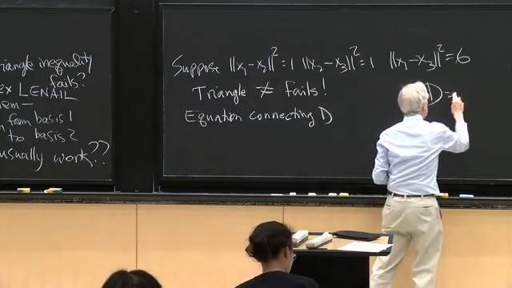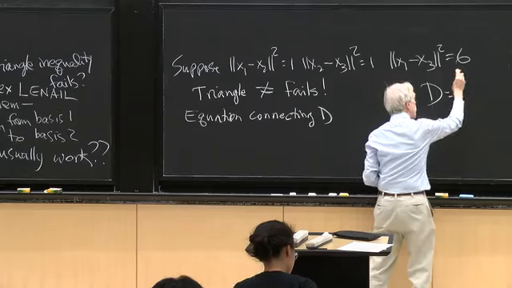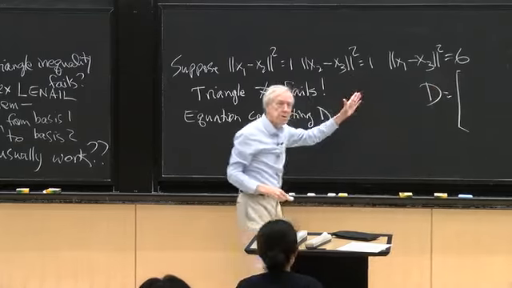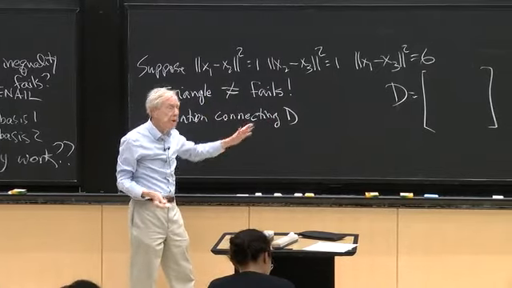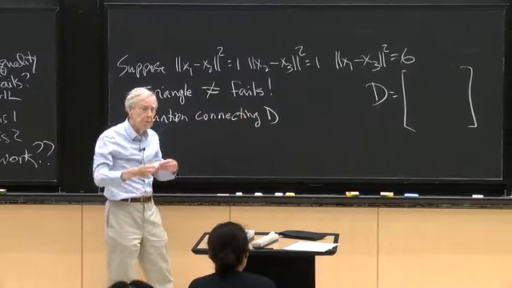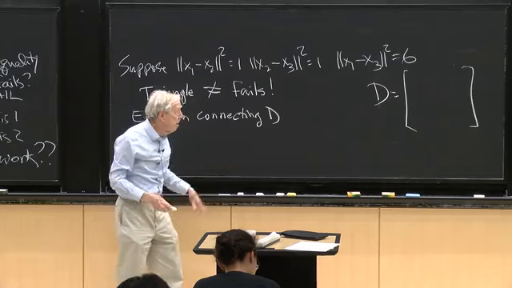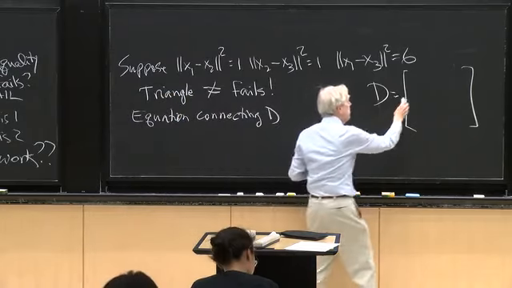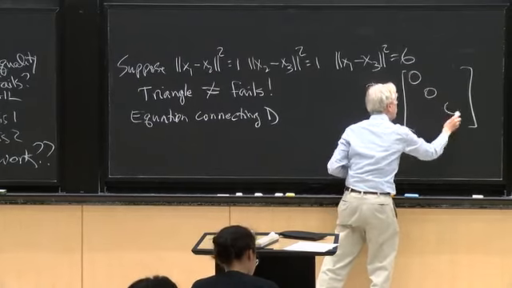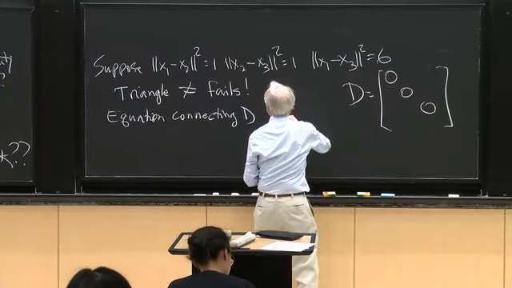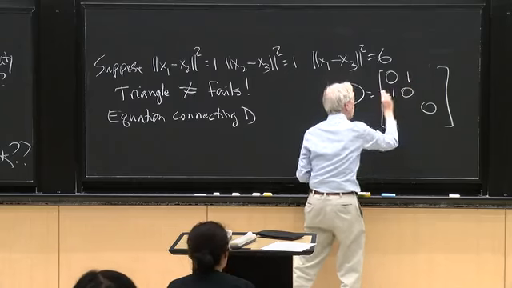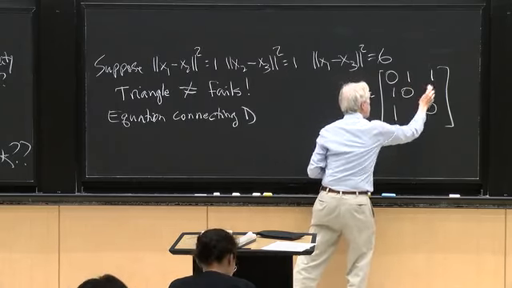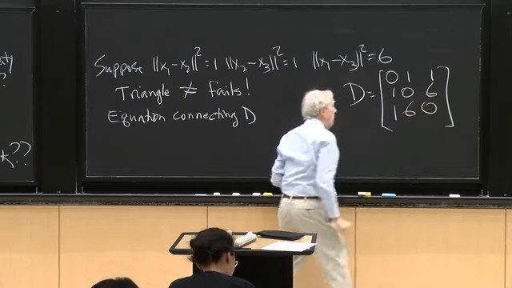So D is a 3 by 3 matrix with these distances squared, and it was convenient to use distances squared because that's what comes into the next steps. So of course the distance from each x to itself is 0. The distance squared was that. This one was that, but this one is 6.